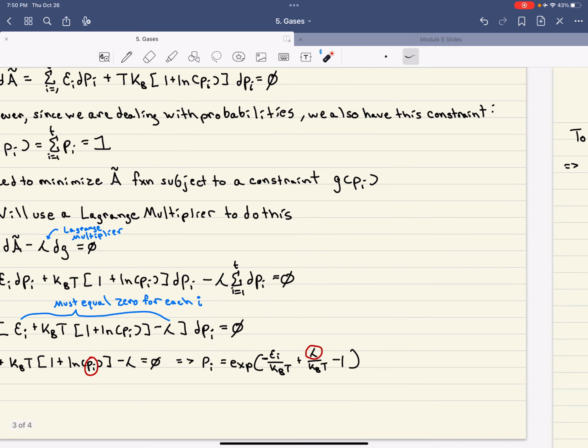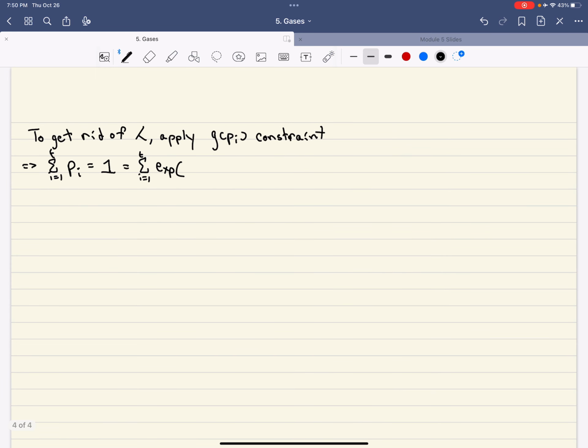In any case, in our equation here, we're going to have negative epsilon i over kBT plus lambda over kBT minus 1.